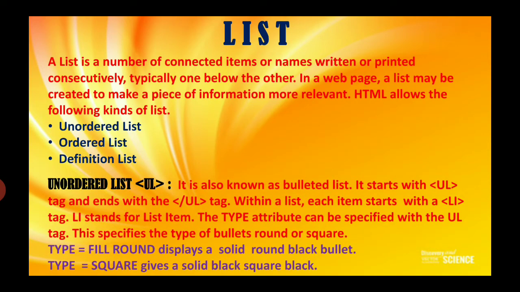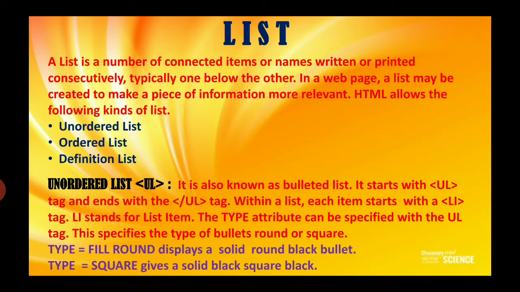Unordered list. Now the unordered list, in short, we write with the UL tag. UL tag means unordered list. Now as I have told you, unordered list actually focuses on bulleted symbols. So it is also known as a bulleted list. It starts with the UL unordered list tag and ends with /UL, that means the unordered list closing tag.